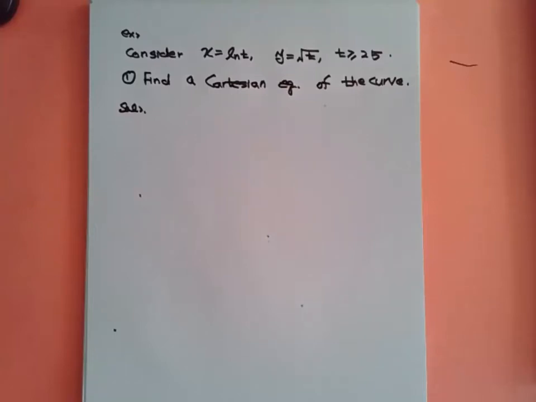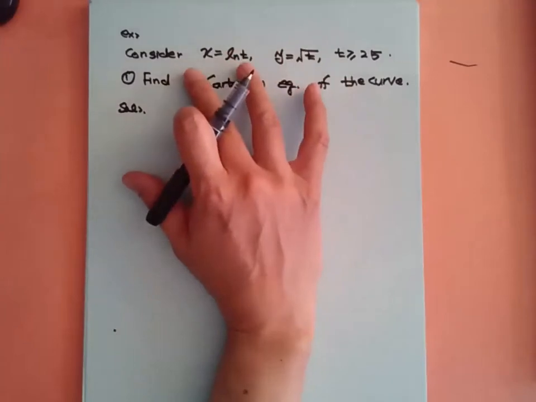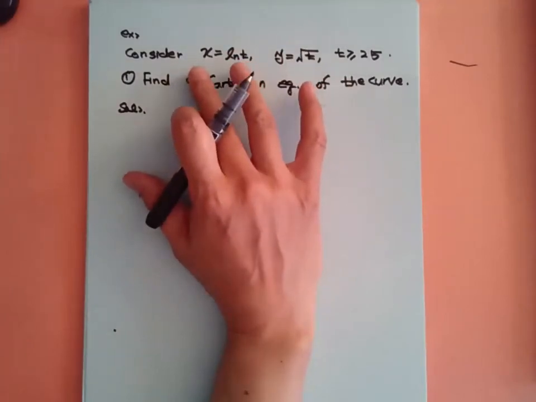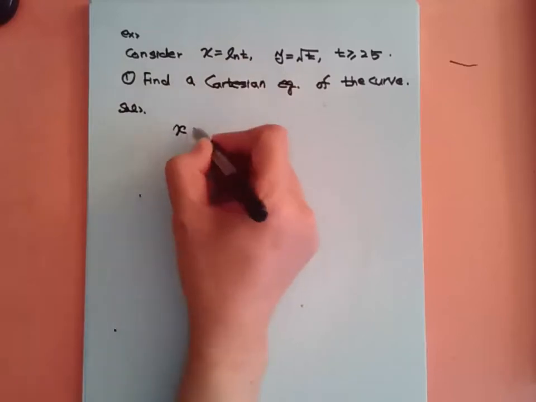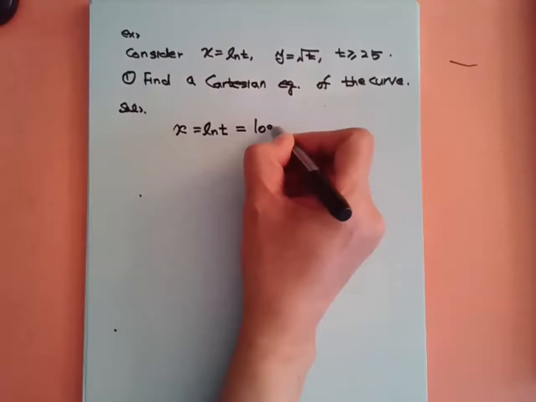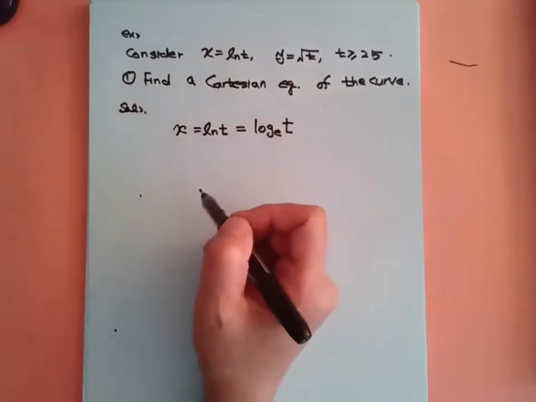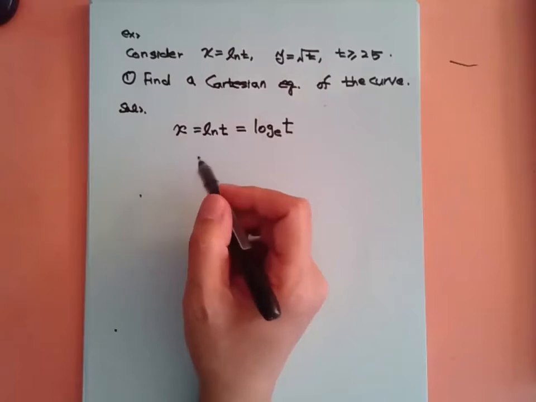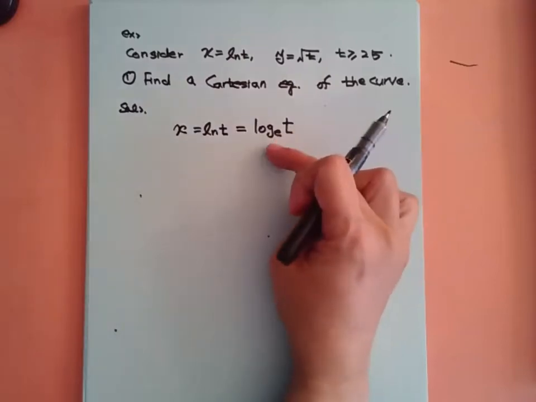We will have the same strategy since we prefer to have y equals something. Instead of squaring both sides, we will solve for t with the equation x equals natural log of t. X equals natural log of t, and we know that means log base e of t. By the definition of the logarithmic function, the meaning of this is e to the what power will make t.